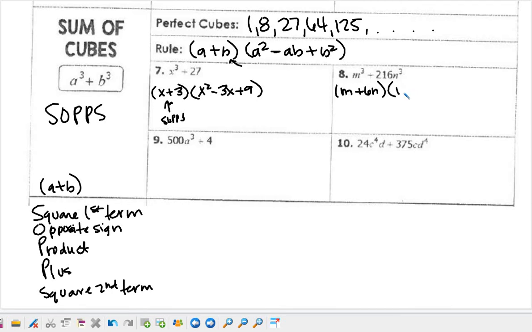Square the first term, m squared, opposite sign, the product of these two things, so 6mn. Remember that your variables always go in alphabetic order, plus the square of the last term. Here's the thing. Don't forget 6n squared means you have to square the 6 and the n. So don't forget to square both of them. Okay?